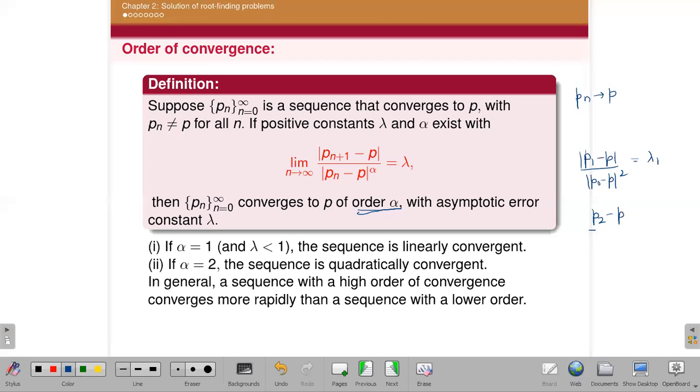Then P2 minus P by P1 minus P whole square gives lambda 2. Then P3 minus P by P2 minus P whole square gives lambda 3. So this is the sequence you are getting. When n goes to infinity, this lambda n should be a decreasing sequence.